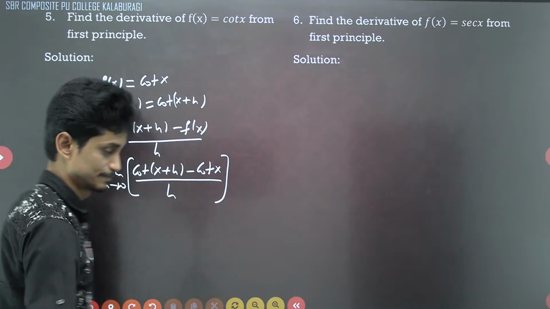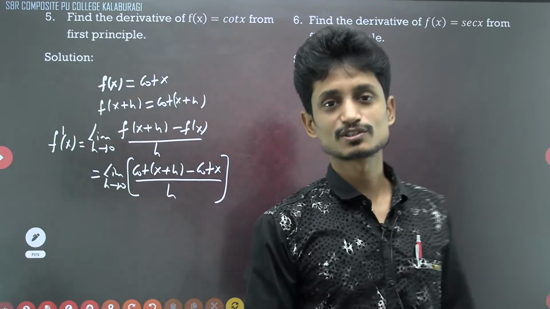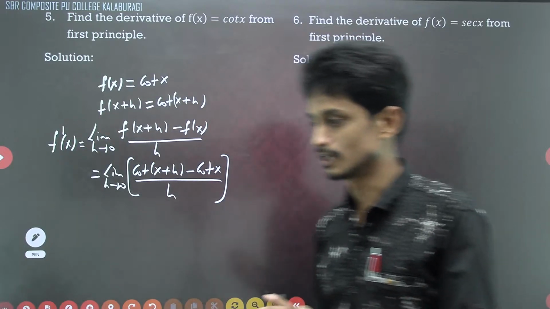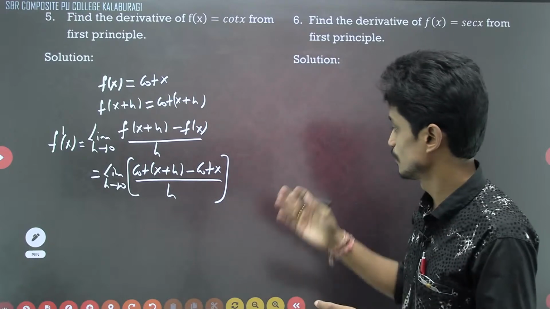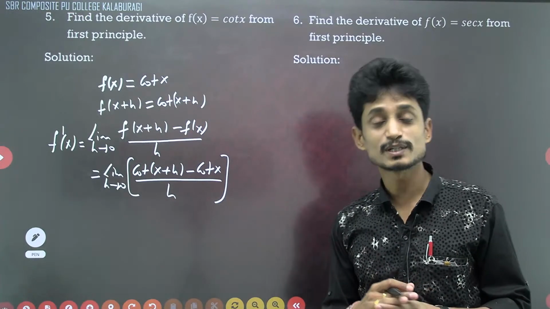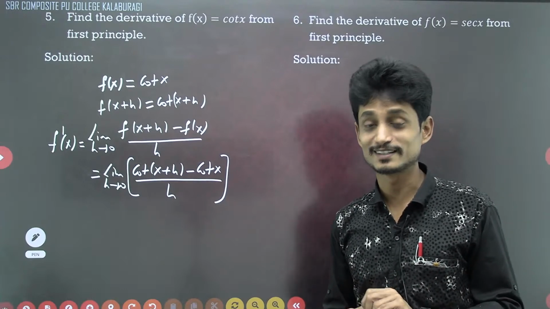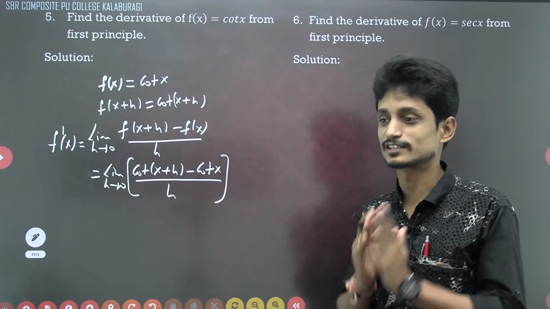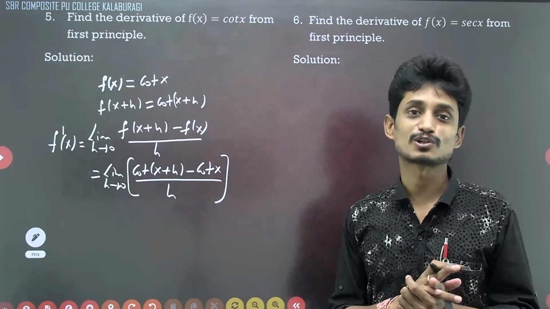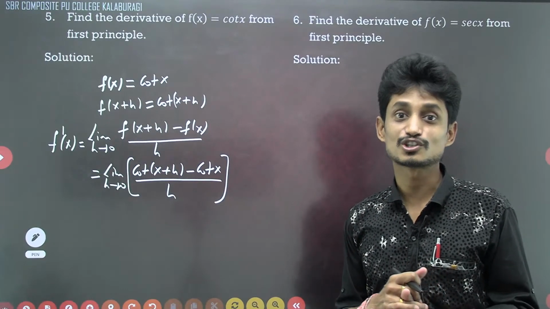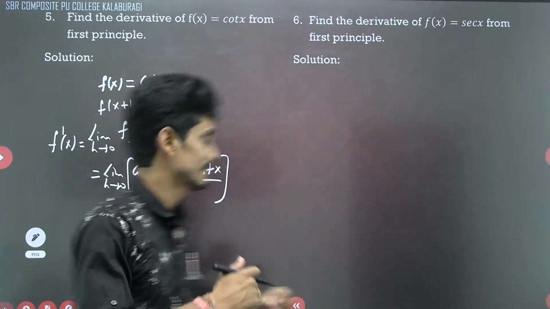Think, dear student, cos c minus cos d, sin c minus sin d we got, but here we have some other form, that is the cot c minus cot d form. For cot c minus cot d, we don't have any standard result. Once again we should take the help of the quotient relation for cot, that is cos by sin. By that formula we can simplify.